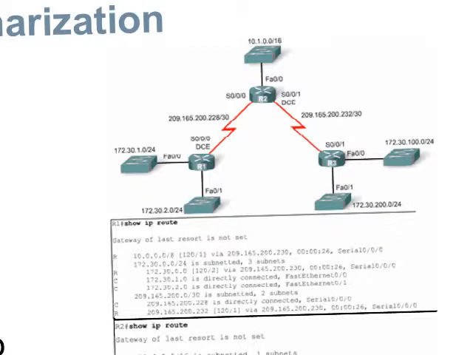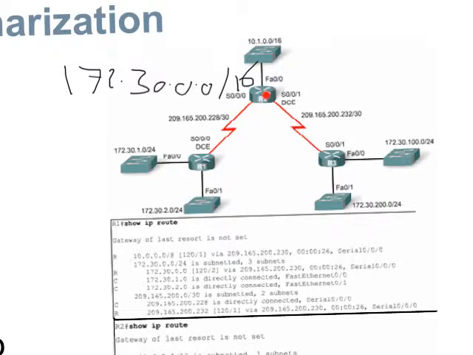Those two updates are coming on an interface that exists on a different major network, so those two route updates will be summarized at R2 as 172.30.0.0/16, because they are coming on an interface that exists on a different major network.